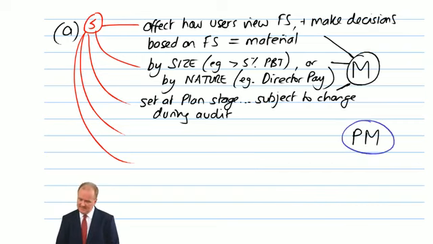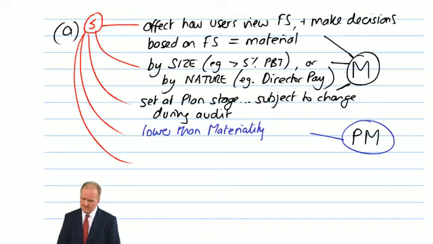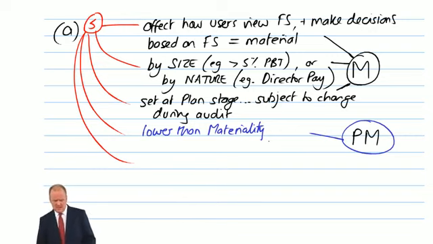Performance materiality tends to be a figure that is lower than overall materiality. So I'd want to make that point. Why is it lower?